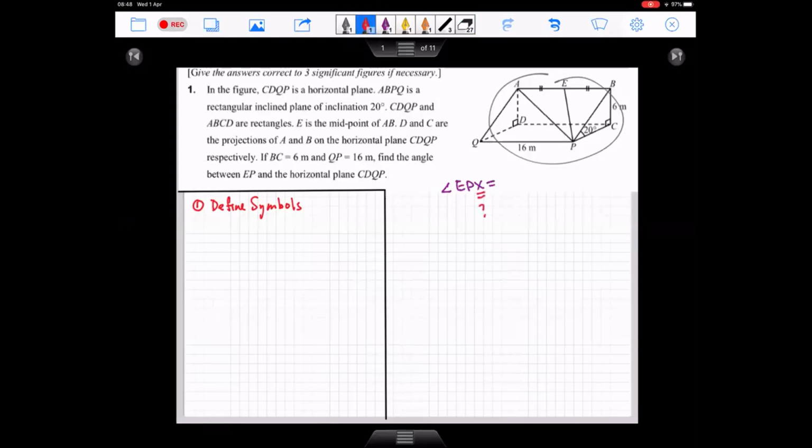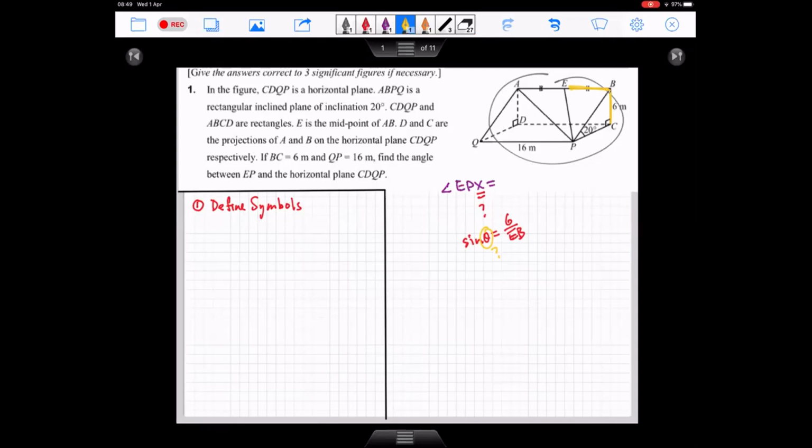If you have undefined symbols, or you just write sine theta is 6 over EB, or something like that, then people will have a hard time thinking about what is your theta. In this case, that is a mistake. 6 and EB is kind of like this. I don't think it goes into any sine theta. If there is a mistake, the marker will find it almost impossible to identify where your theta is.